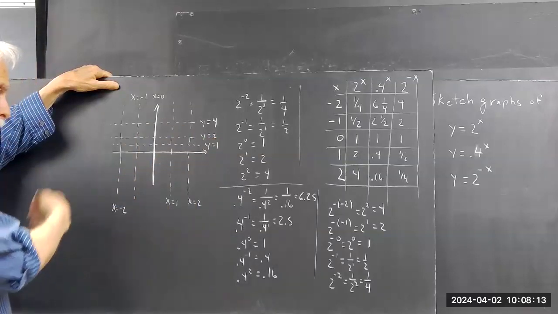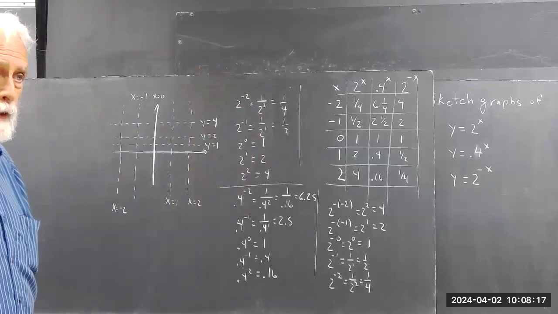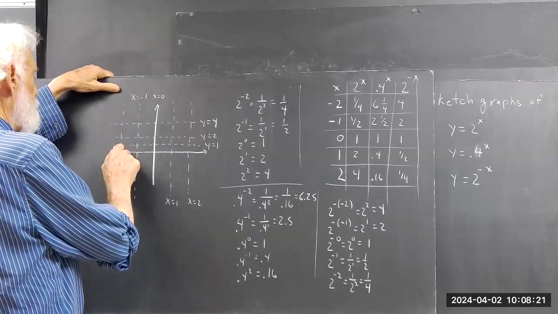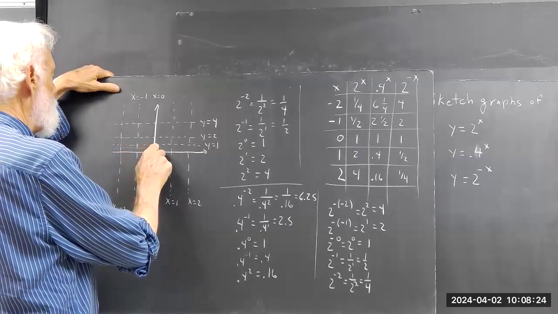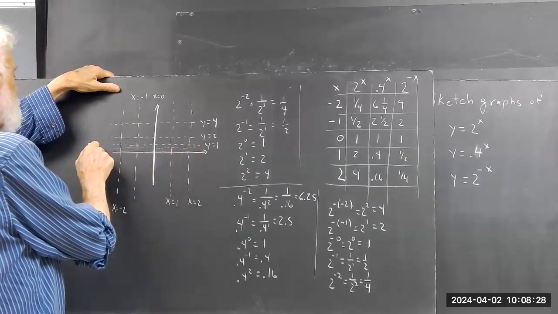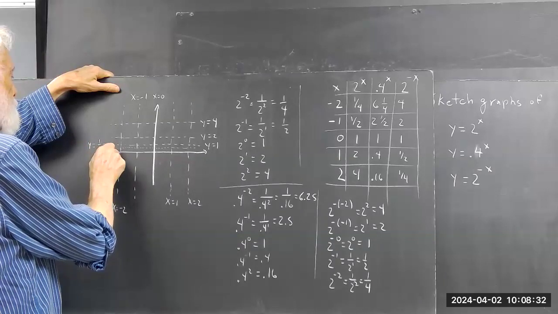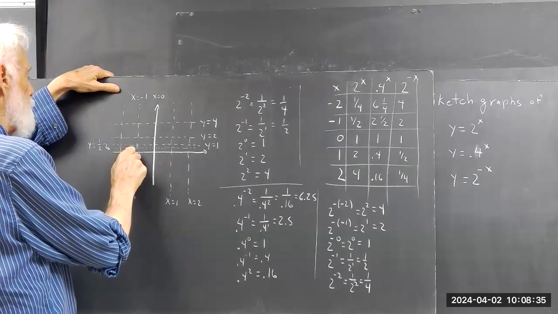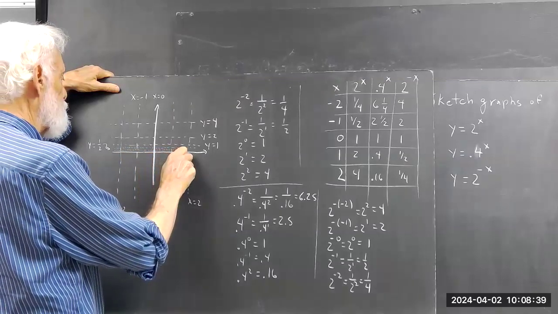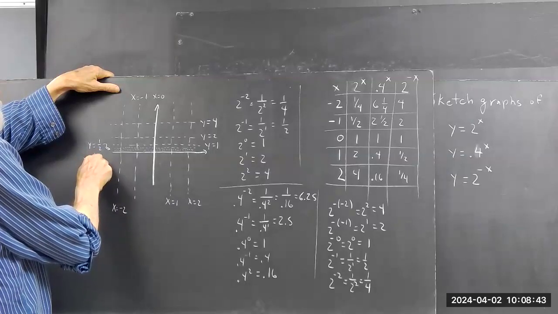And this should be familiar. It's a lot like the way we originally constructed the 2 to the x function on the first or second day of class. And then halfway between here and the x-axis is y equals 1/2. And then halfway between that and the x-axis, and down here pretty close to the x-axis, is y equals 1/4.